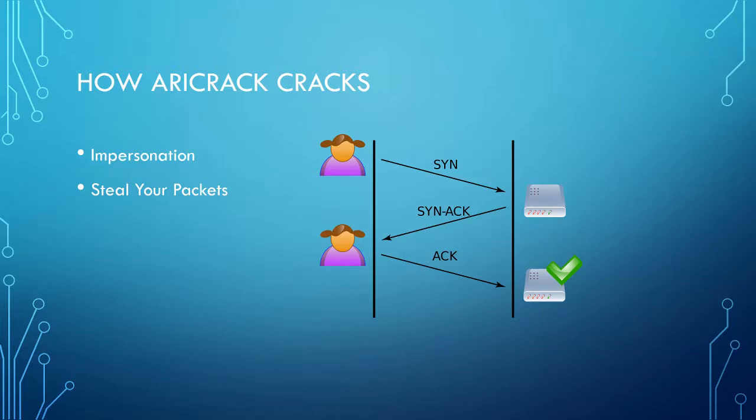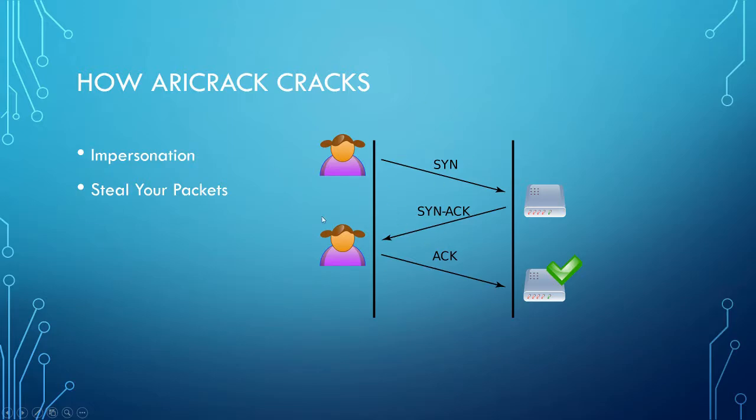So how does Aircrack crack? You don't need to know much about how wireless works, but the basics of it is we act as a middleman. Here is the image of a wireless handshake: SYN, SYN-ACK, ACK, and we go in and intercept this.